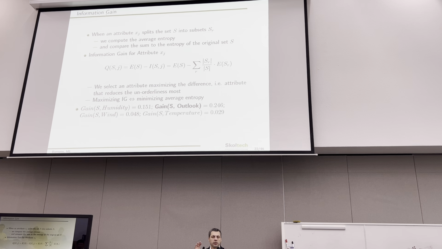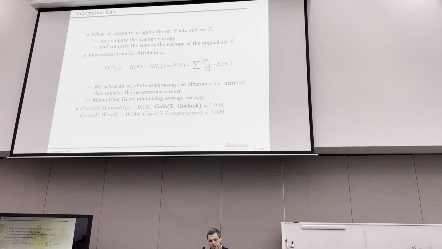Let's assume that we have some set of data, and for that set of data, we can calculate the entropy. Here it is. Then we take some variable with index number j, and with respect to this index j, we calculate the average entropy if we divide the whole data set into subsets according to this variable, like we did with respect to the variable outlook.